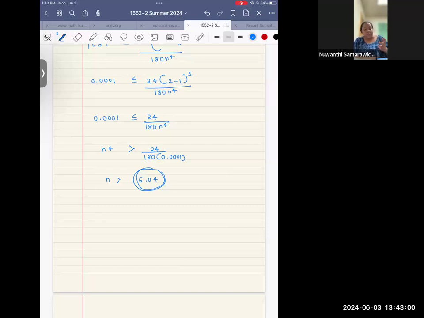For Simpson's rule, because n should be an even number, we can say n is equal to 8 here. N is equal to 8 is a good one for Simpson's rule. So that's the idea.